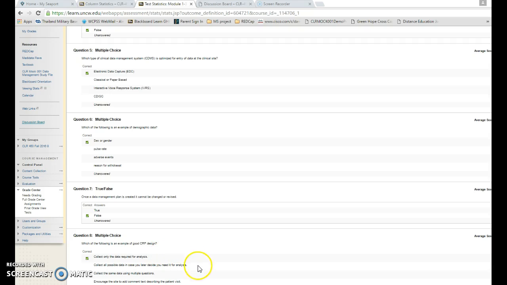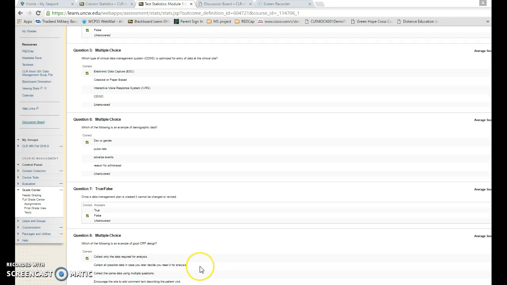It is very tempting to collect all the data you might need later, or to collect the same data using multiple questions to make sure that you can check them both and see if the answer is the same, or to encourage text describing a patient visit. But the reality is that when you are analyzing data, you have an obligation to really focus that data so it has less of a burden on the patient, and so that it is supporting the analysis.